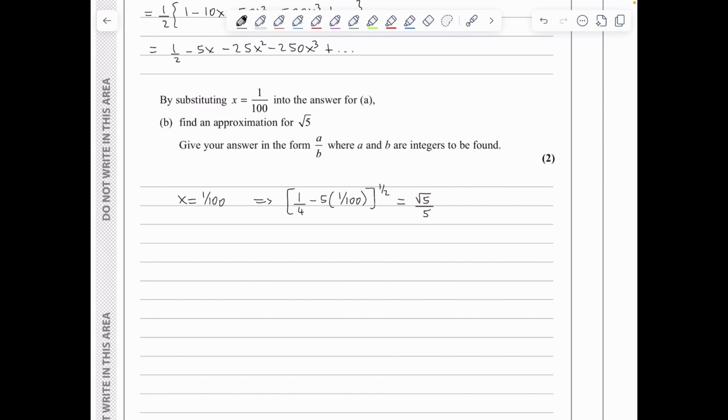This means that if I substitute x to be 1 over 100 in this expression here, then I'll be obtaining an approximation for root 5 over 5.